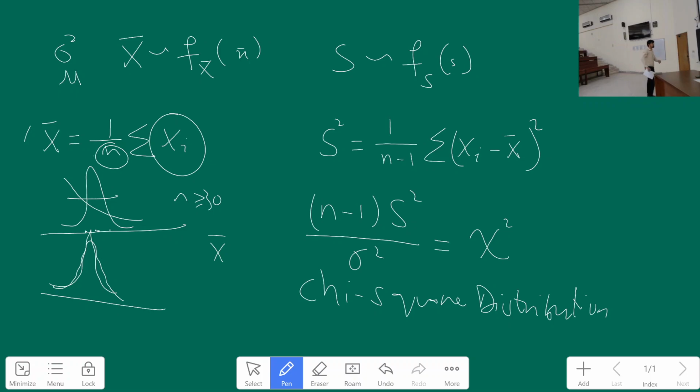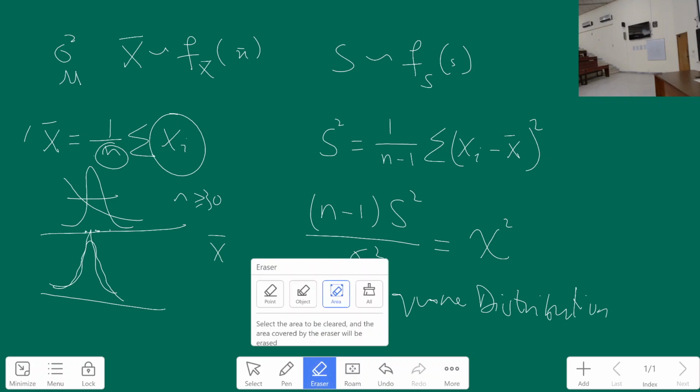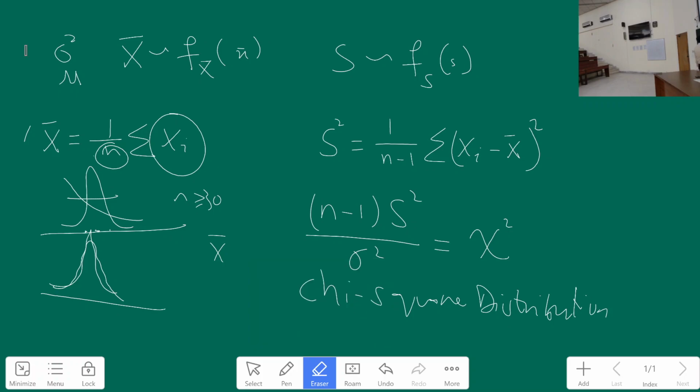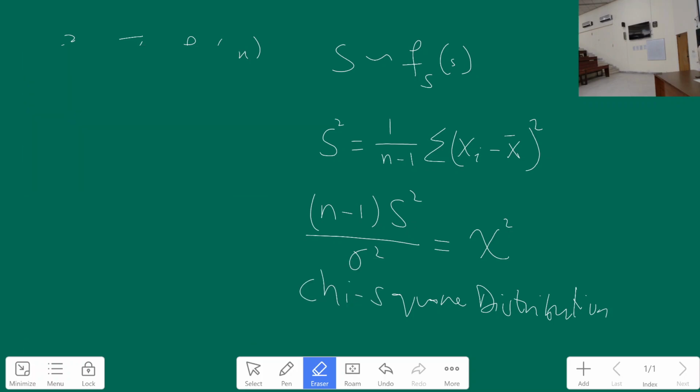But as long as you know what a distribution means, each distribution can have a different function, that is enough. But what is important here is to see this. And what is the shape of the chi square? I won't write the formula because it involves gamma functions and all that, and I don't want you to get confused. It's just some distribution.